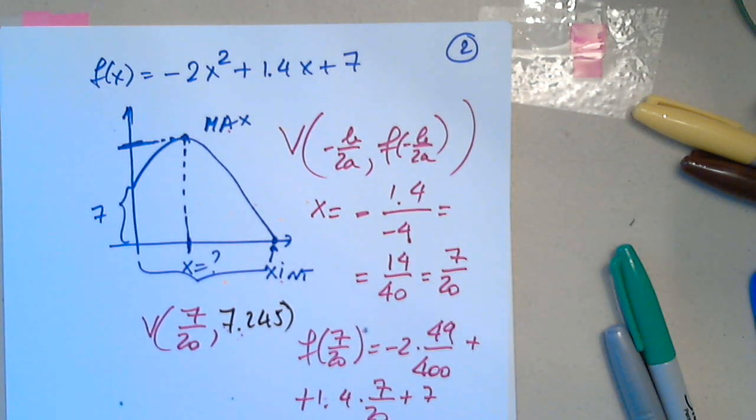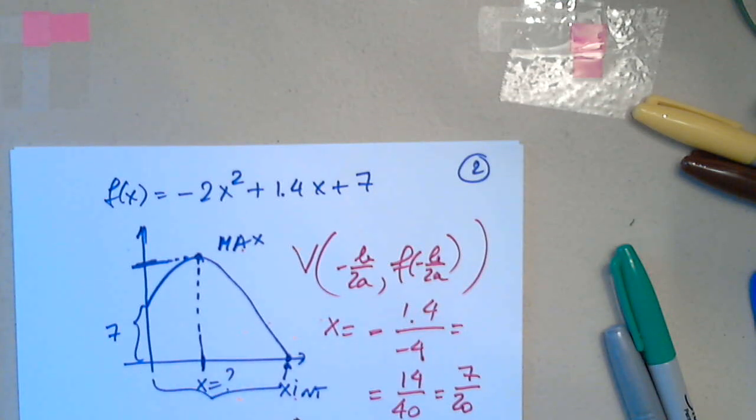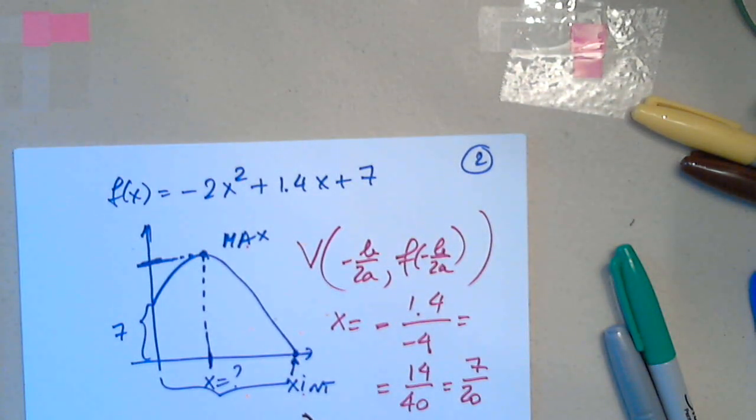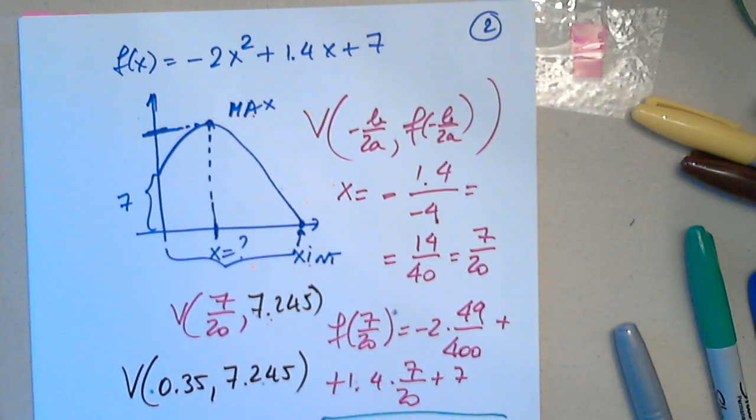If you put in this or round it, I give you full credit, because I don't really care about rounding, right? We know how to round. So in a test situation, you may miss that. And of course, if you don't put 7.25, it'll be considered wrong and doesn't give you the point. So this 7 divided by 20, I don't know if they ask you for that right now, is 0.35. So the vertex is 0.35 comma 7.245, but you have to be very careful what they want you to plug in.